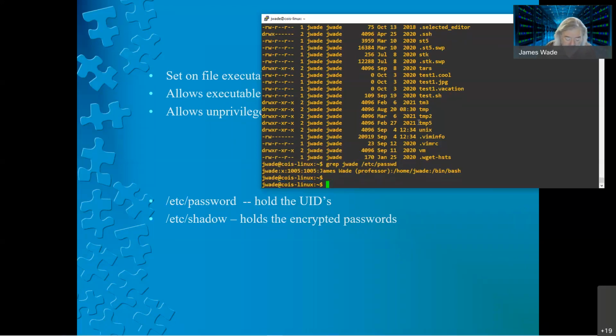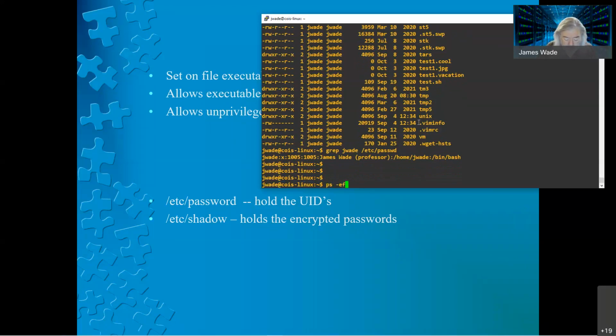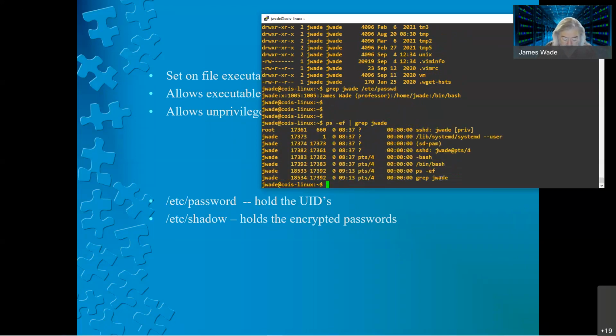Remember how I said that when I run something, I run it as myself. Right here, see, I did a ps -ef, and I am the process owner. But here's the thing. What if I need to access files that are root's as part of my program? Like I'm doing a backup or something like this.